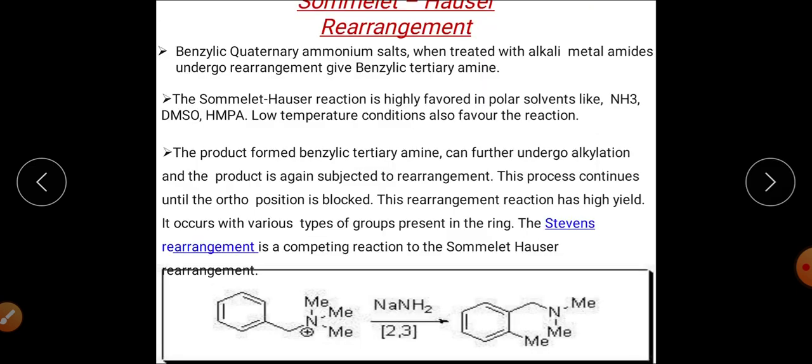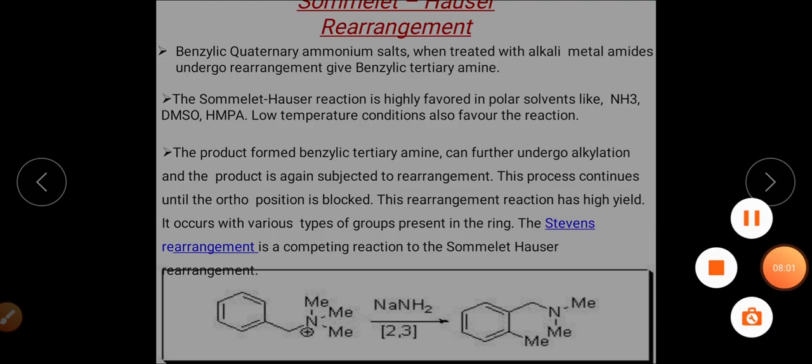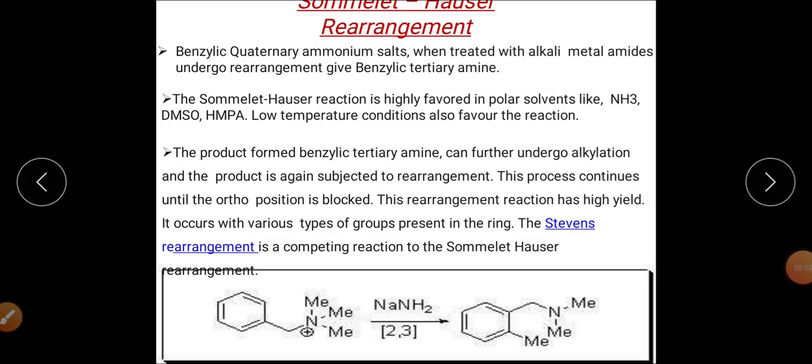Now we will come to the next reaction, the Sommelet-Hauser rearrangement reaction, which is a very important reaction, and the main competitive reaction of this Sommelet-Hauser rearrangement is the Stevens rearrangement, which I have already told you about in our chapter on rearrangement reactions, right?